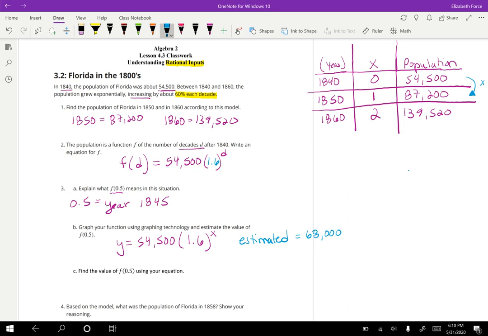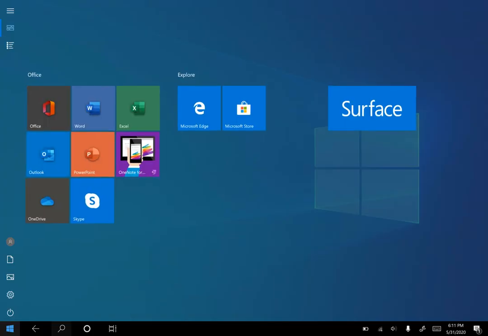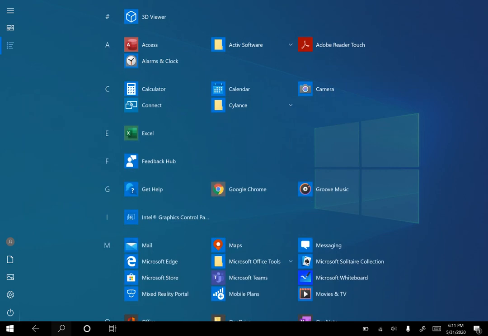All right, let's use a calculator. I kind of always like to use a calculator if they give us an equation to find my exact answer. So y is equal to 54,500, 1.6 to the 0.5. And to do this, I'm going to bring up the graphing calculator.